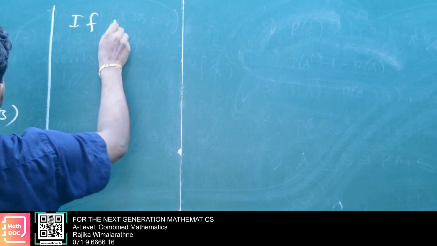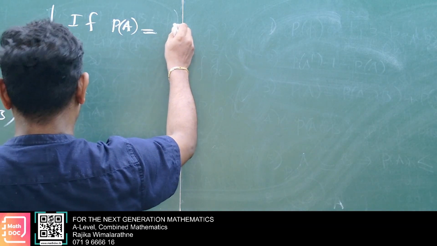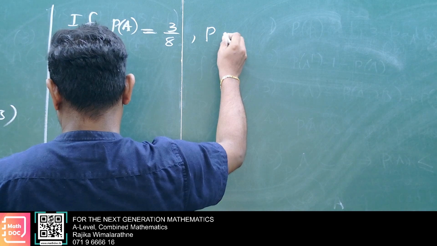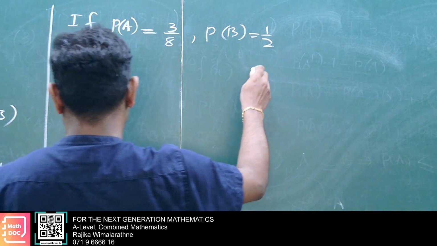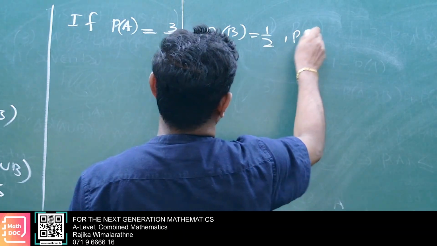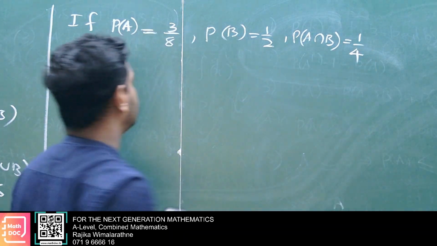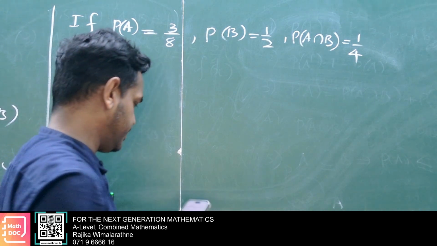If P(A) is 3/8, P(B) is half, P(A intersection B) is 1/4.